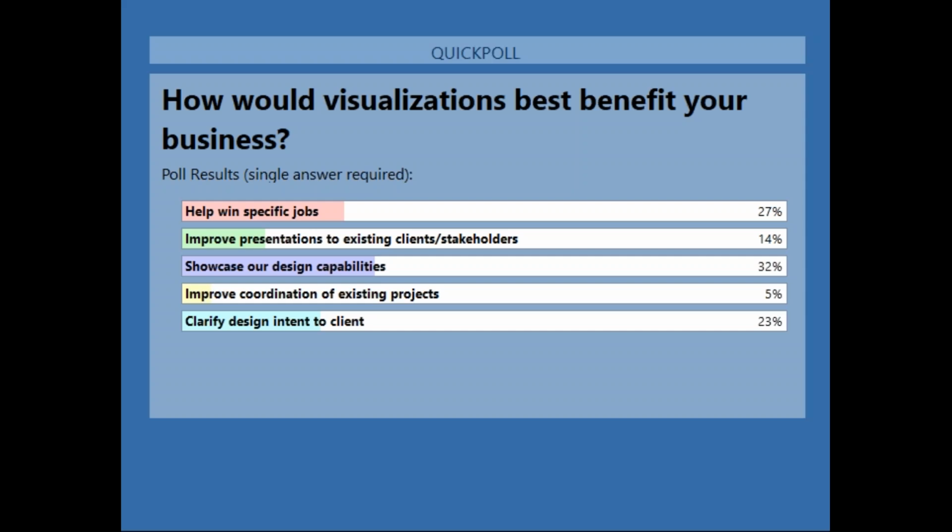Awesome. Well, that's great that folks are really seeing this as a way to showcase their designs, their capabilities, if you will, and really highlight that. It doesn't look like anybody, or it was a very low number, talked about coordination of existing projects, and I guess that could be expanded out. Doing a rendering, sometimes you can see, oh, I didn't realize the ceiling or whatever is that low, or that's really what the finishes look like.